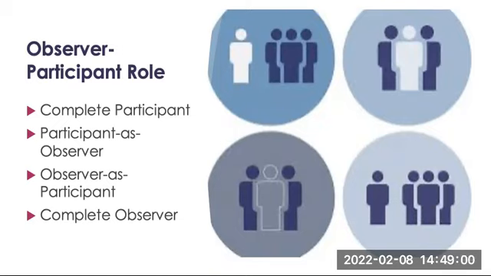Some things that we need to consider when thinking about the role of the researcher in terms of ethics are, again, the complex relationship between researcher and participant, the difficulty of objectivity, and how the researcher can step away.